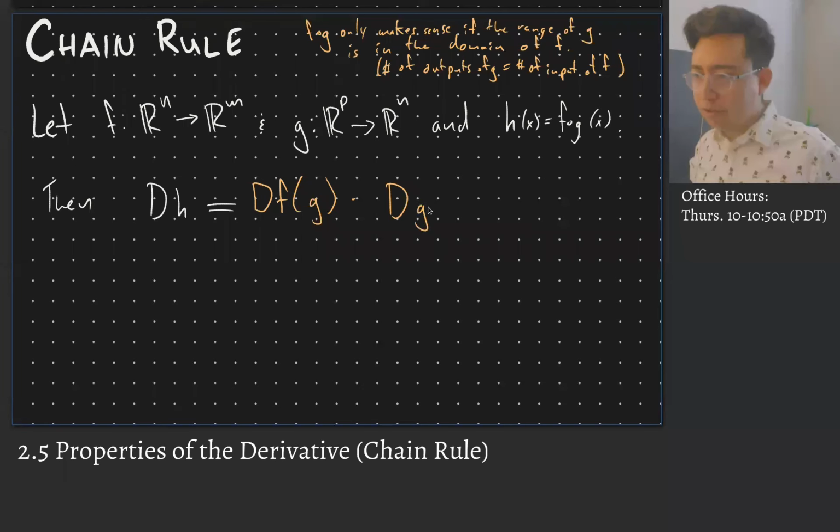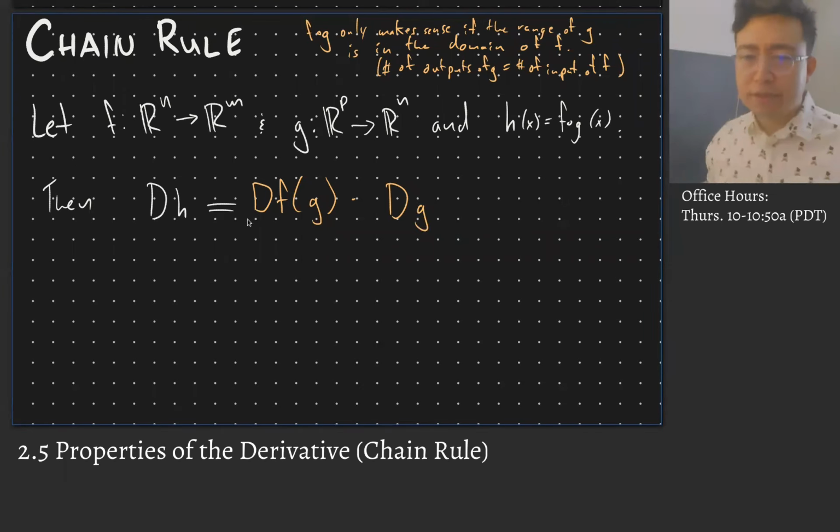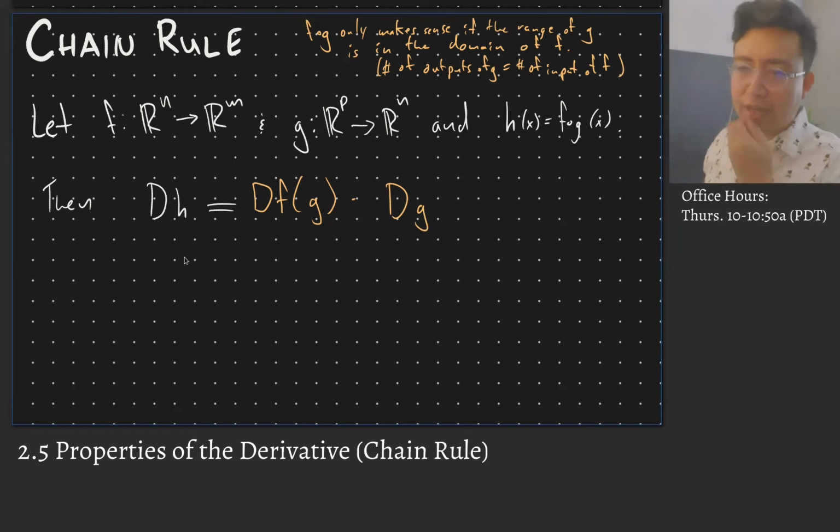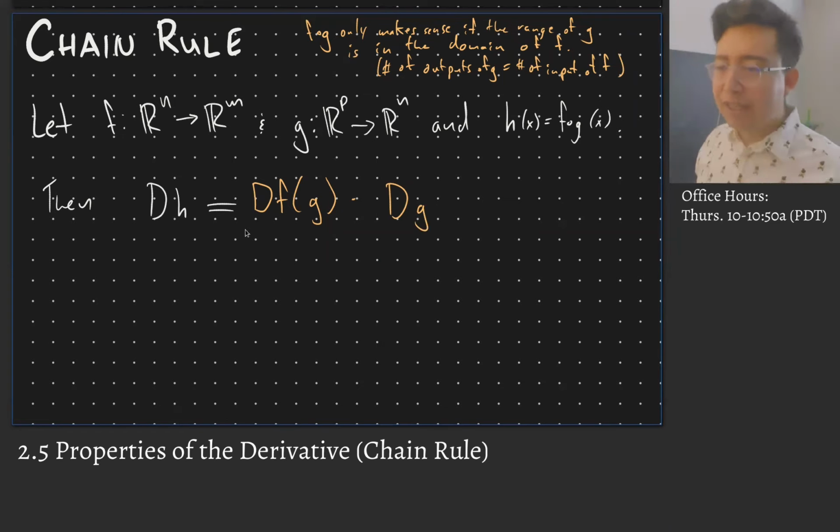Okay. So just like remember in the single variable case, you had h prime would be f prime of g times g prime, right?